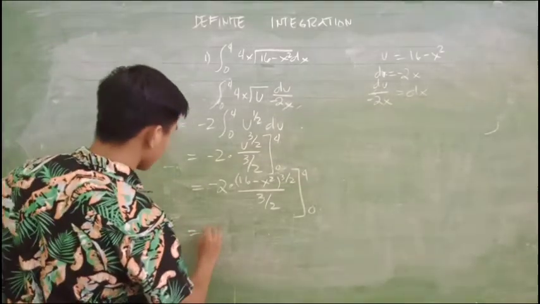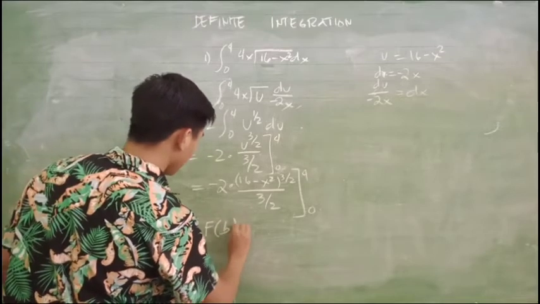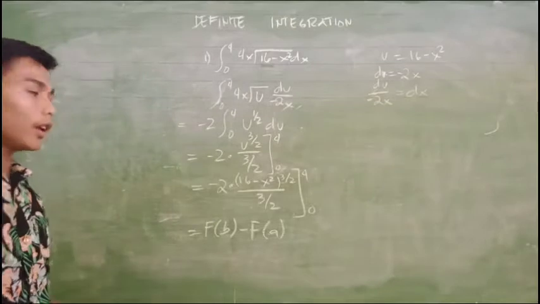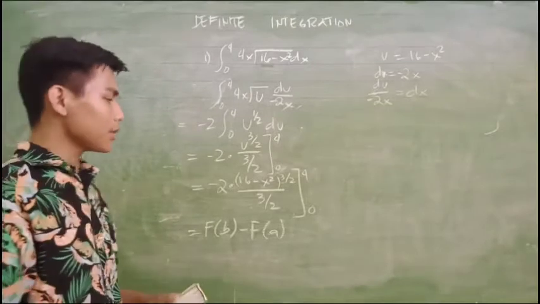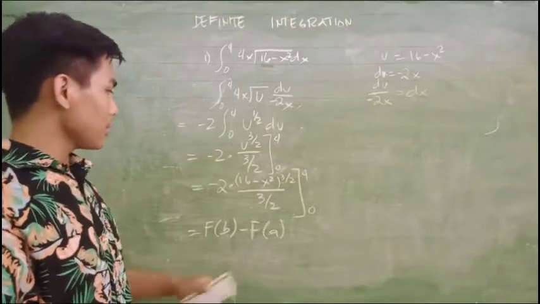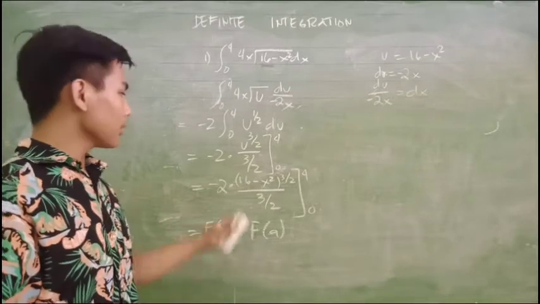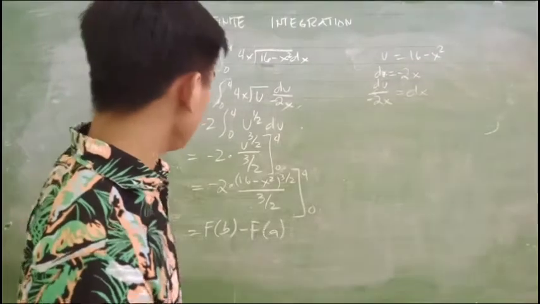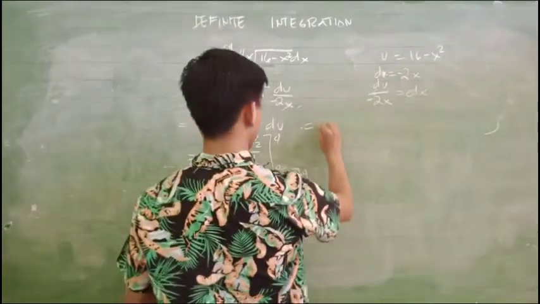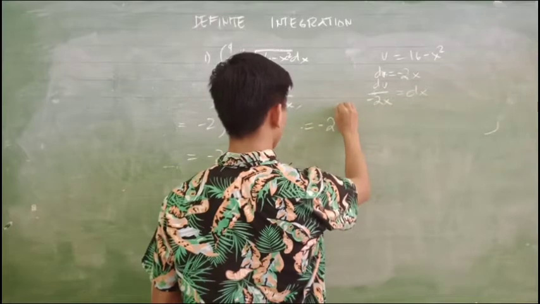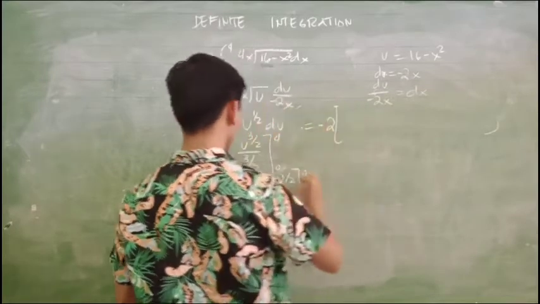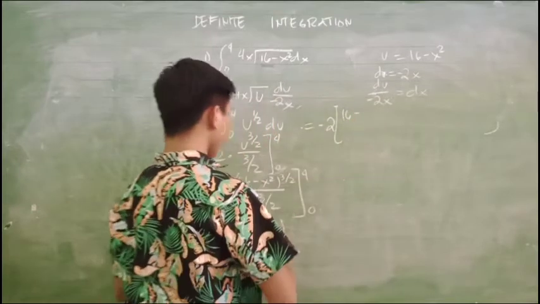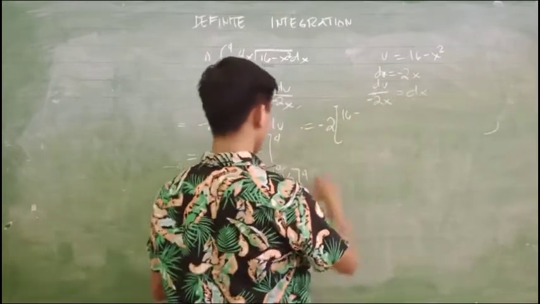Definite integration is f of b minus f of a, where f of b is the upper and f of a is the lower limit. So we'll have to substitute each interval to our function. So this would be negative 2. So we have to put brackets here times 16 minus our upper limit, or f of b, which would be 4.